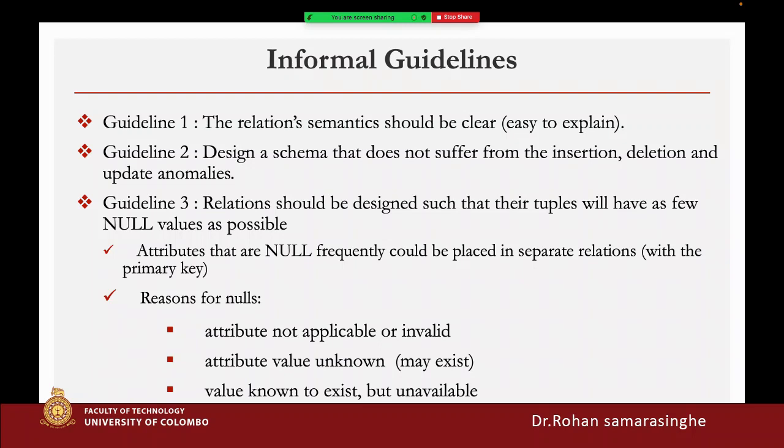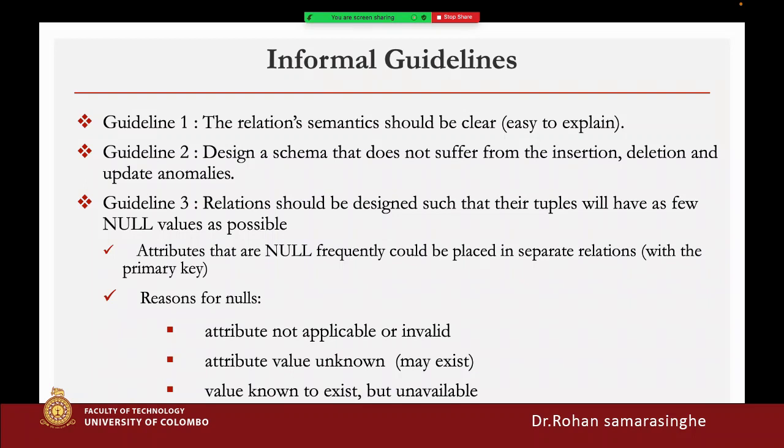Telephone number, if it is a multi-valued attribute. Sometimes the mobile number can be null, because if this employee is not using a mobile phone, that value can be null. And the landline can be null or not.